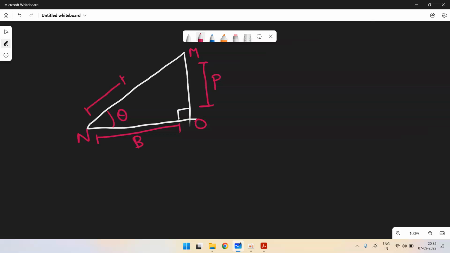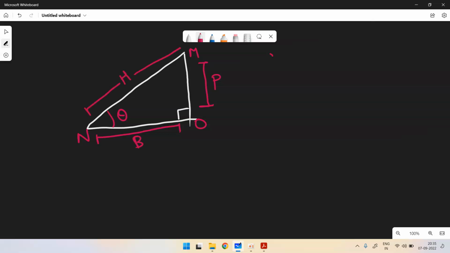See, this is your triangle MON, and if I denote this as my perpendicular, this is theta, this is 90 degrees, this is the side opposite to theta, my perpendicular, and this is my base, and this is my hypotenuse.